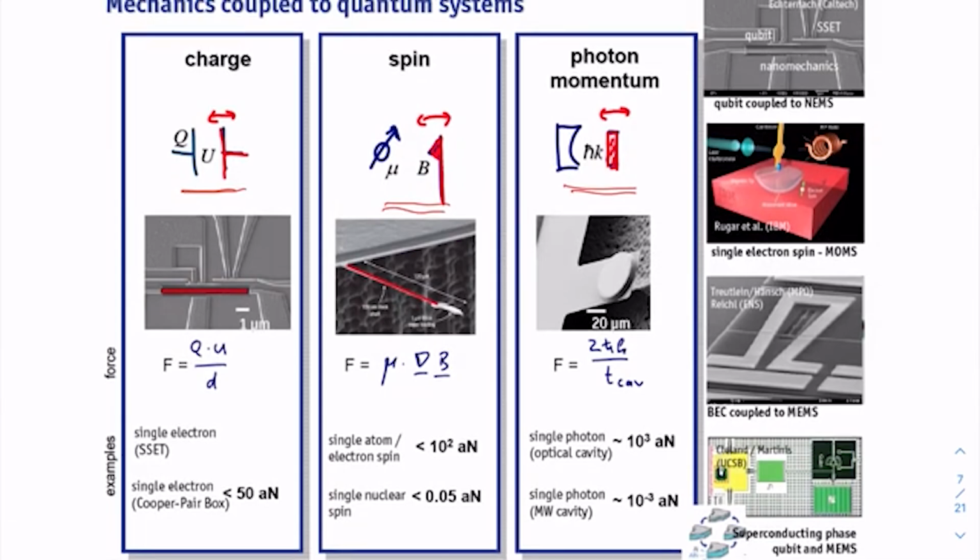To remind you, for example, we cannot directly transfer our information that is stored in a superconducting qubit or circuit to an optical fiber, because we cannot couple it directly to light. What we can, however, do is couple the superconducting circuit or that qubit to a mechanical system, and that mechanical system then can be coupled to an optical fiber, and that optical fiber will carry away the information.